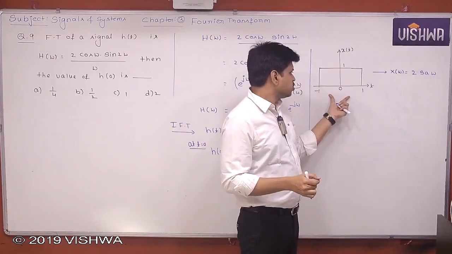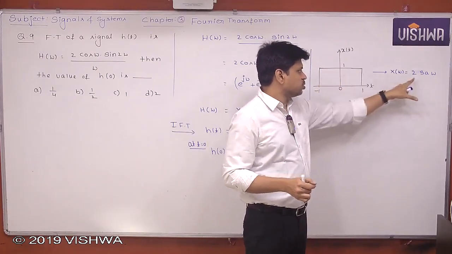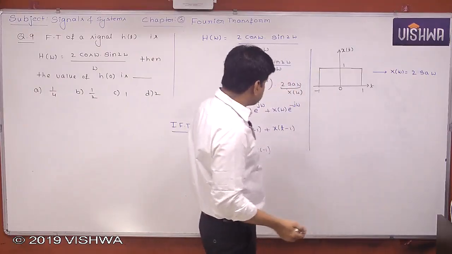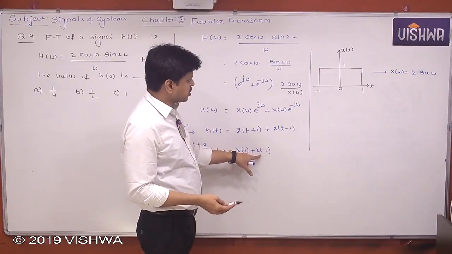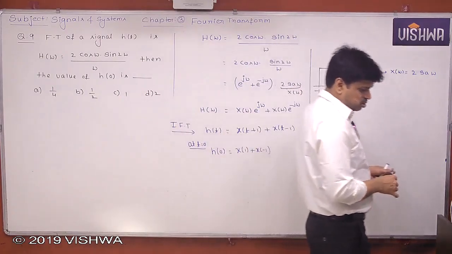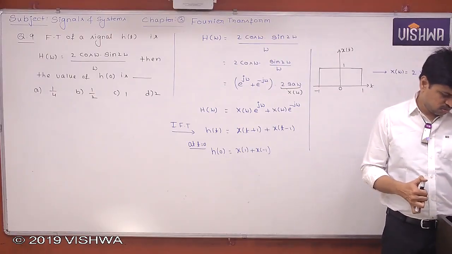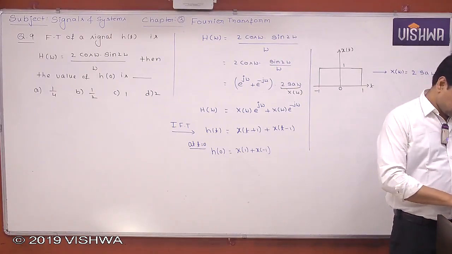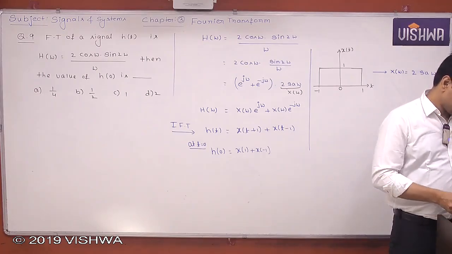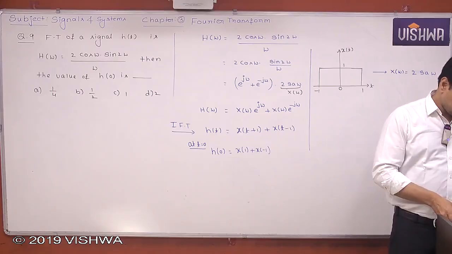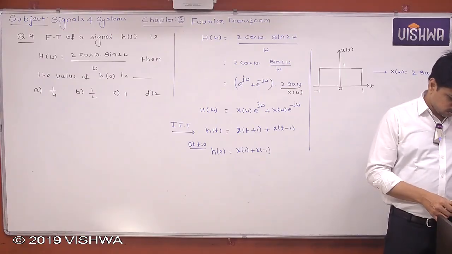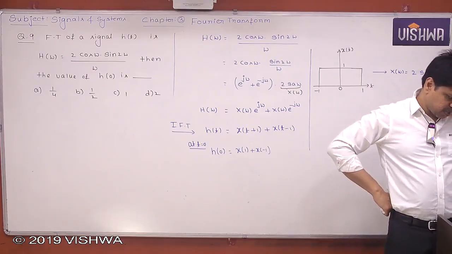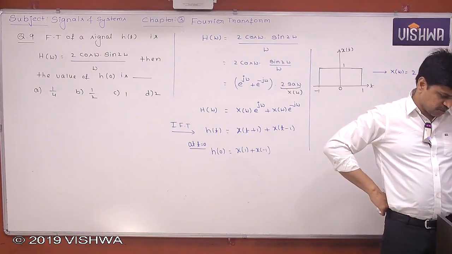So the width is 2 and the height has to be 1, so that the total area is equal to 2. So this is x of t. For this x of t function, what is the x of 1 value, which is nothing but 1. What is the x of minus 1 value, that is also 1. So I hope... wait a second, somewhere something is wrong.